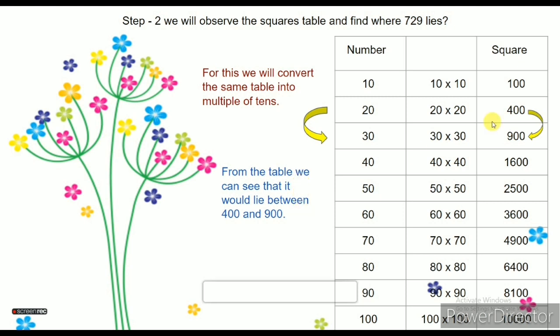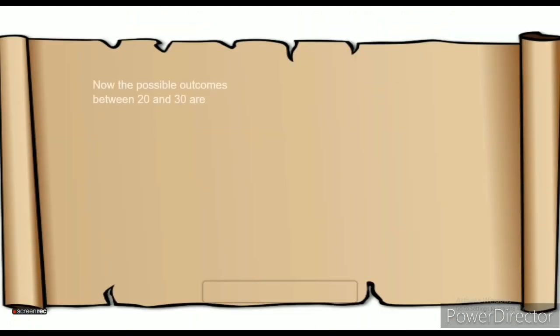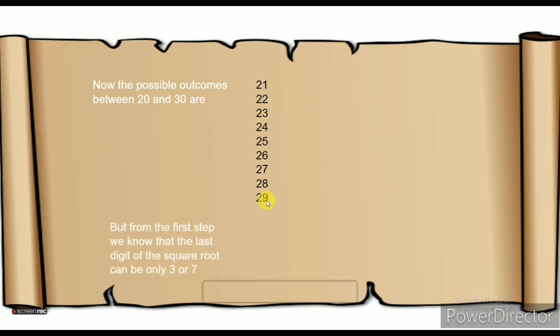From the table, we can see that it would lie between 400 and 900, which are the squares of 20 and 30 respectively. So, the possible outcomes between 20 and 30 are 21, 22, 23, 24, 25, 26, 27, 28 and 29.